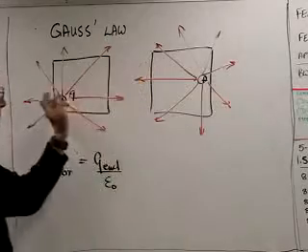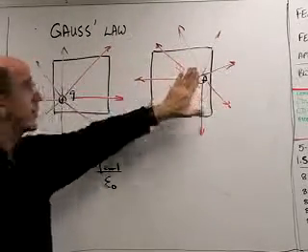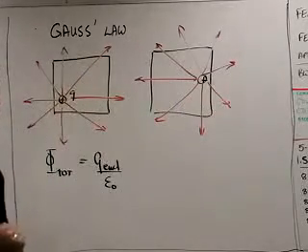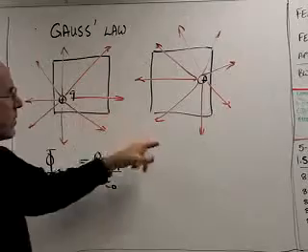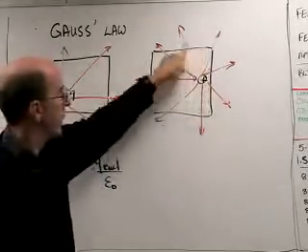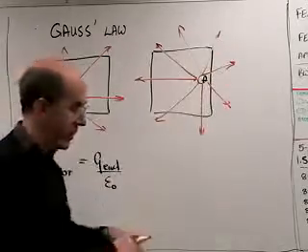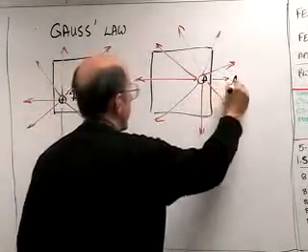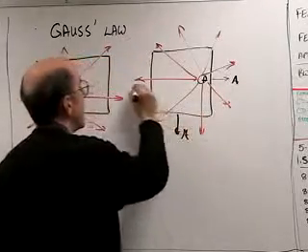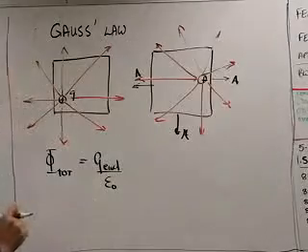If these are the same box and I've just moved the charge from one spot to another, I've got the same flux out of this box as out of this box. The convention again is it's the flux out of the box. So at each point along here, the electric field lines are coming out in the same direction as the area vectors, and so this is going to be a positive flux.